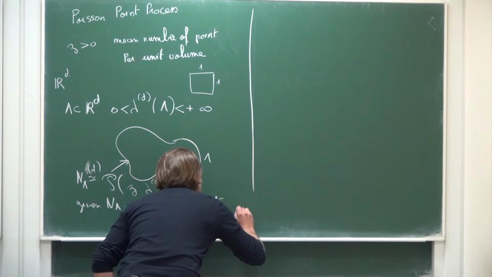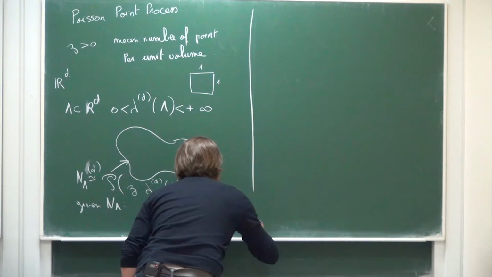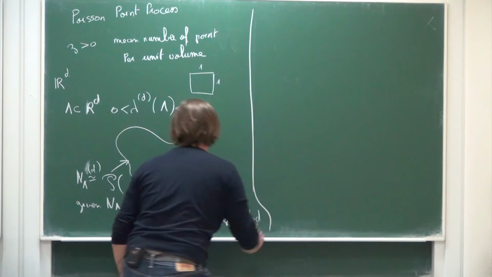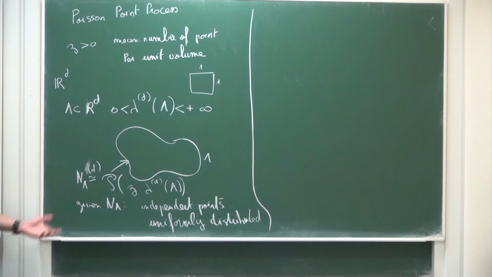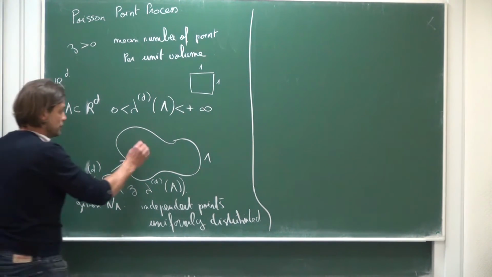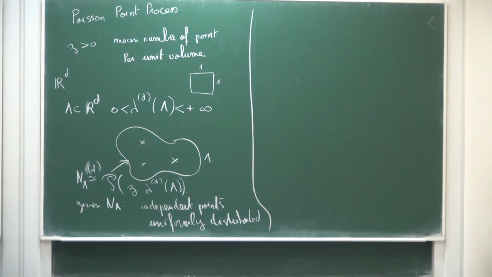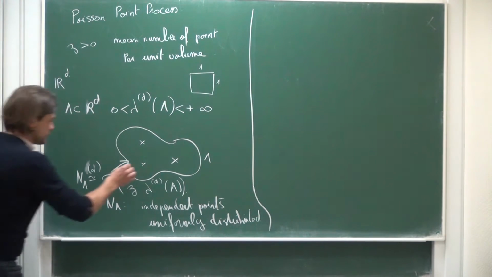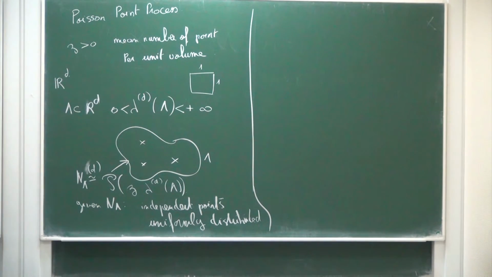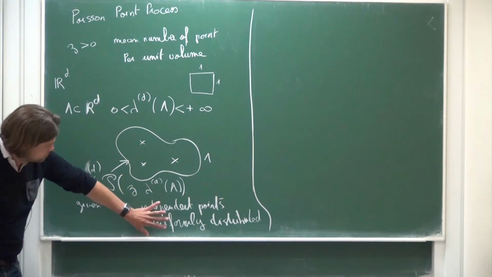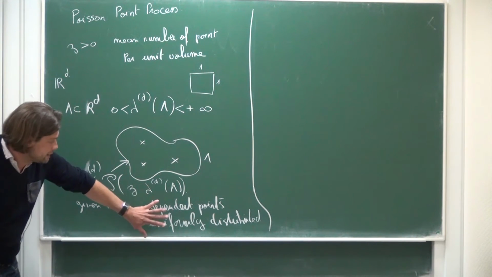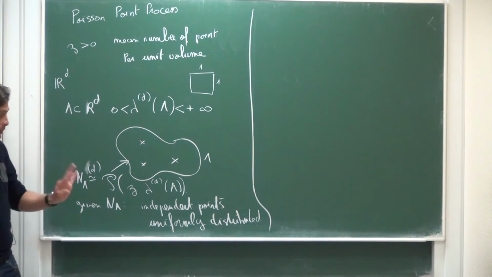So it's quite easy to sample. For example, if the number is 3, you put 3 points randomly, independently. Okay? So this construction is quite clear if you want a uniformly random distribution.